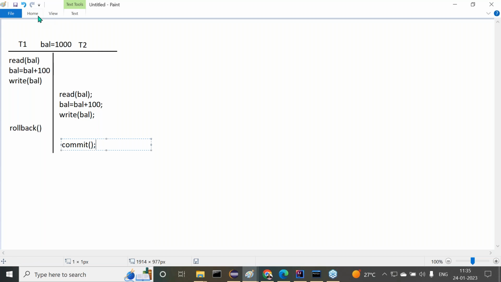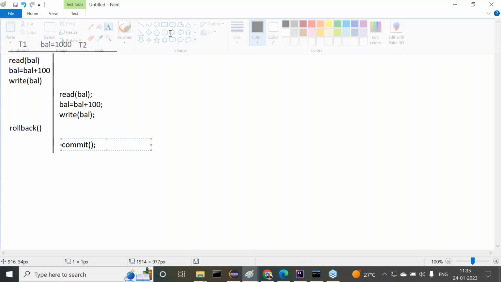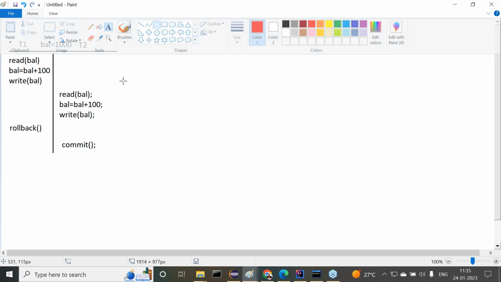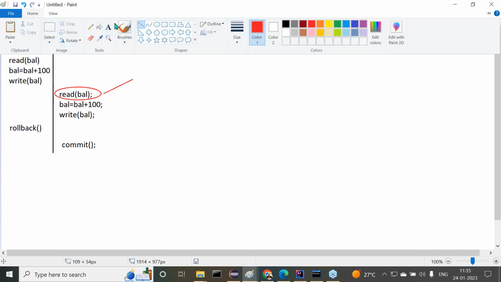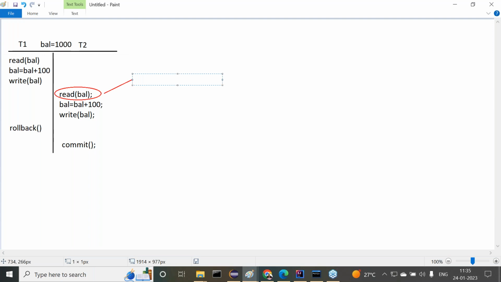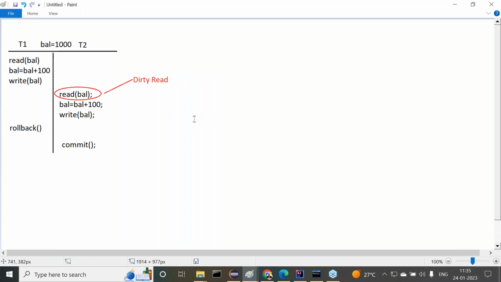This read operation over uncommitted data is exactly called the dirty read problem.